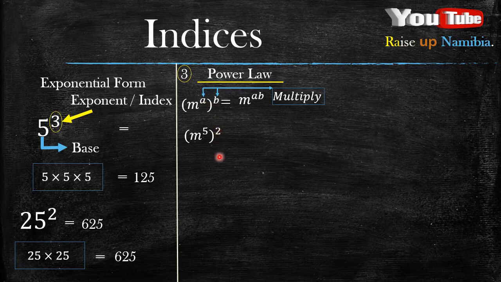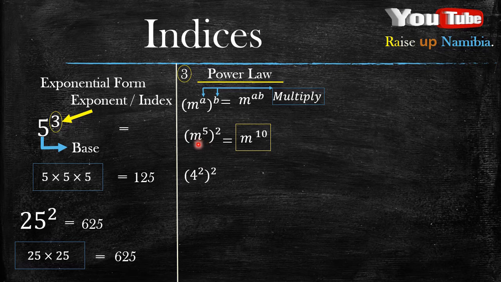So what is our b here? Our b here is 2, and our a is 5. So we multiply 2 by 5. Okay? And that gives us what? That gives us 10. So the m stays the same, and then we have 10. Okay? Let's look at another example.